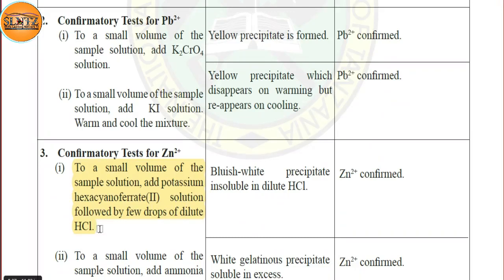Hydrochloric acid is a normal solution. So if you have these reagents, you test them on your sample, and if, according to the sample, it is zinc, we expect to get a bluish white precipitate insoluble in dilute hydrochloric acid.